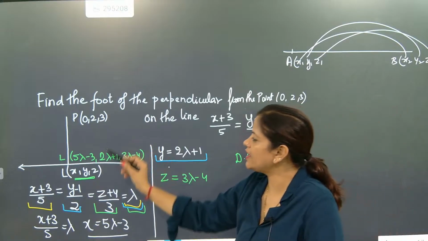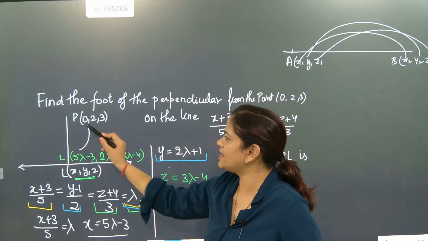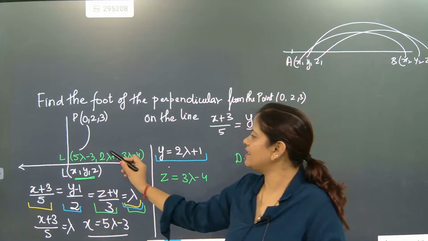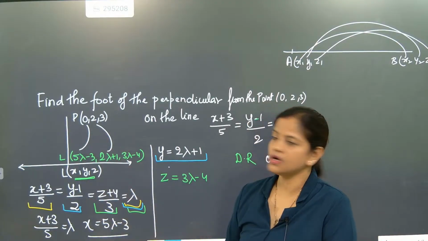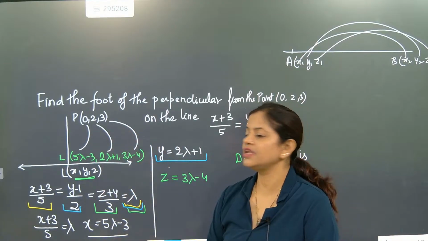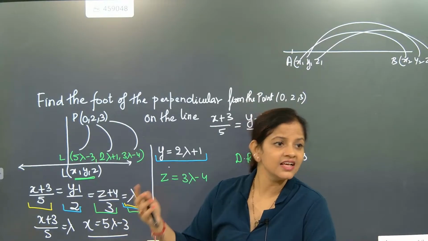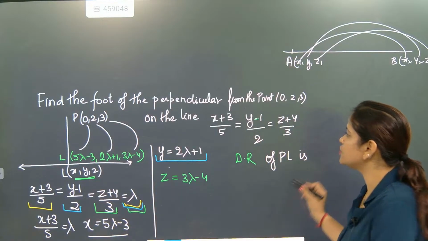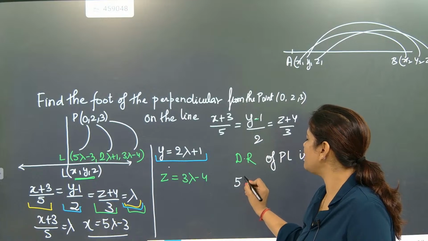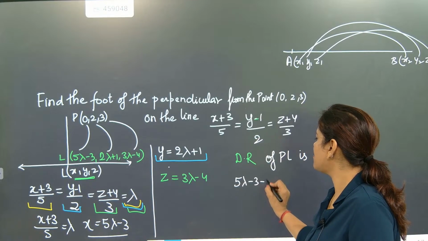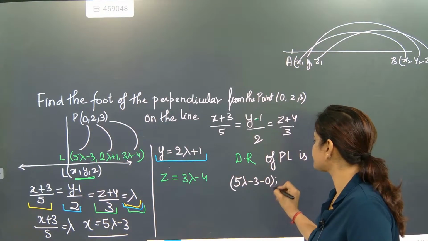So what is this point here? Here this minus 0, this minus 2 and this minus 3 will become the direction ratios along the x-axis, y-axis and z-axis. So the direction ratios of PL will become 5 lambda minus 3 minus 0.